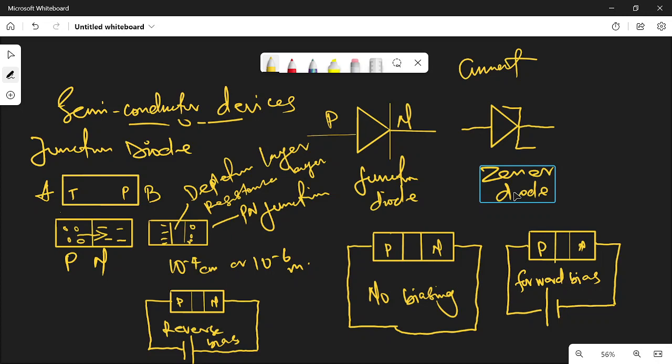Now, in semiconductor, because of the behavior of the transistor, when we get to transistor, I'll be explaining more about what I'm trying to say here. Because of the behavior of the transistor, we use conventional current under semiconductor. That is, we consider currents to be flowing from positive to negative.